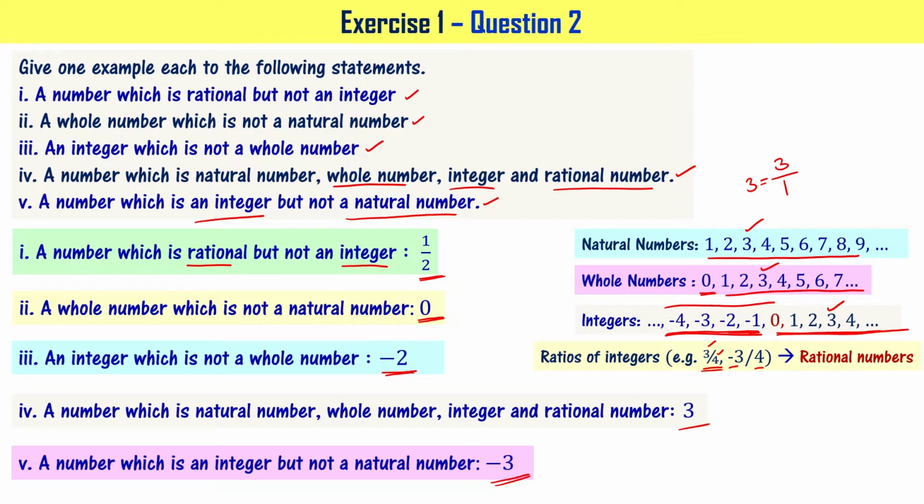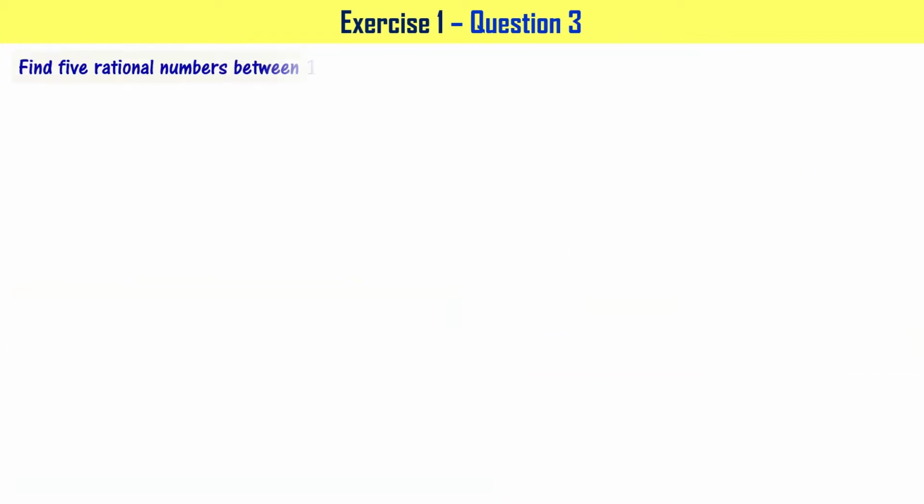Right? Question number 3. Find 5 rational numbers between number 1 and number 2. We are given two numbers, 1 and 2. We are asked to write 5 rational numbers in between them, right? So the trick we have to take note of is 1 can be written as 1 by 1 and 2 can be written as 2 by 1, right?